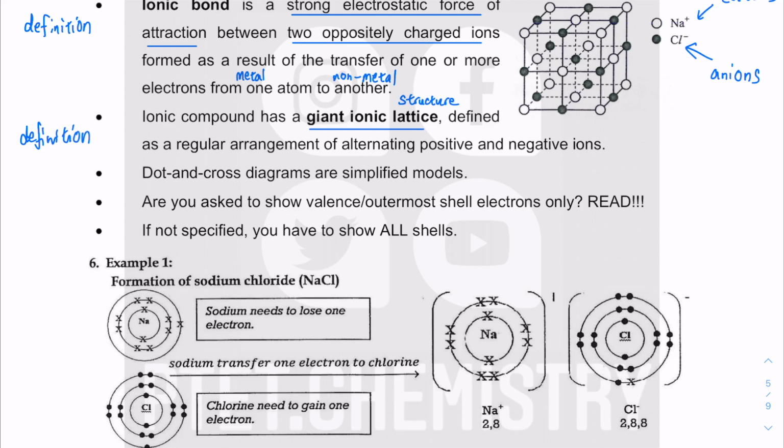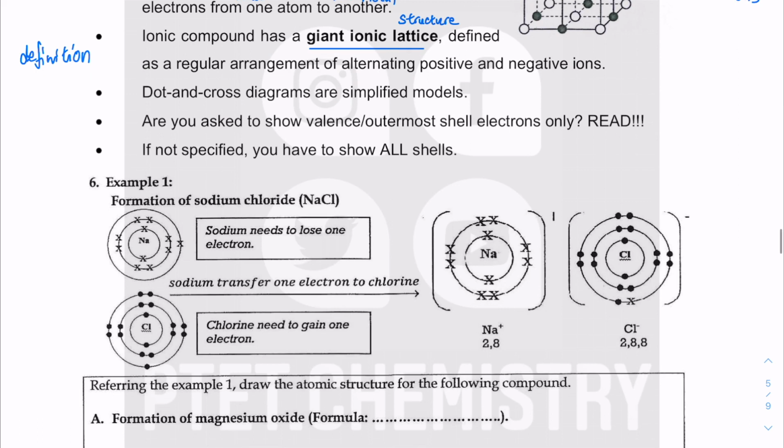If you are not able to, unfortunately when Cambridge asks you, then you have nothing to complain about, because Cambridge already told you 3 years in advance that you should be able to define giant ionic structure: regular arrangement, alternating positive and negative ions. If you want, you can use alternating cations and anions. They mean the same thing. Cations refer to positively charged ions, anions refer to negatively charged ions.